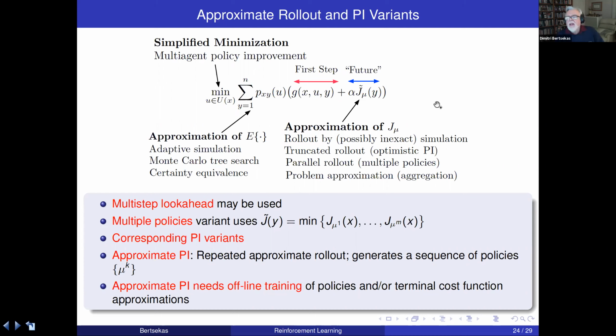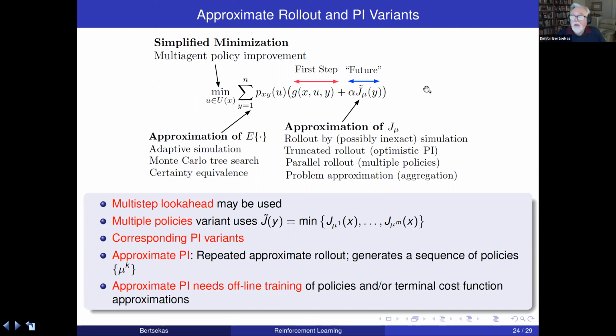Can we say anything about the limit or the error incurred by these successive policies generated by policy iteration? When you do approximate policy iteration, you generate a sequence of policies, and none of these policies is going to be optimal. They're going to be suboptimal to a certain degree. Can we say something about how suboptimal they're going to be in the limit as you add more and more iterations?